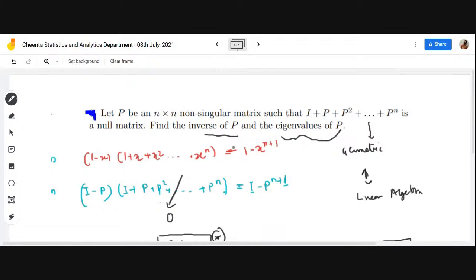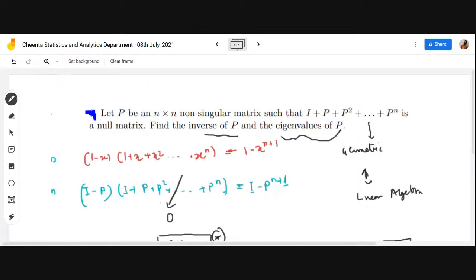So understand, we didn't actually try to find P. Understand the logic, understand the problem solving steps I used, because you need to understand how I thought about the problem. I saw the equation 1 plus P plus P square up to P to the power n, and it came to my mind that I've seen the geometric sum somewhere in my student life.